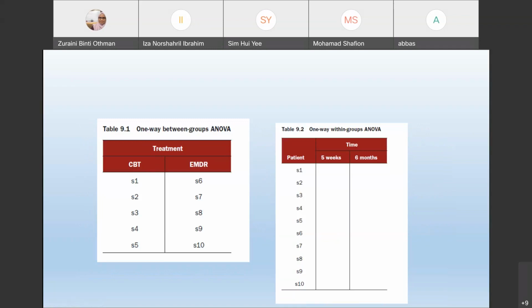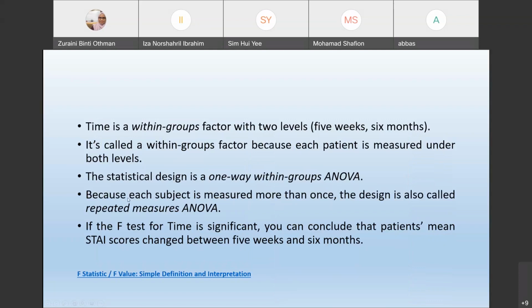Later we will look at what two-way and three-way mean; there are other terms later. Because each subject is measured more than once, the design is called repeated measures.